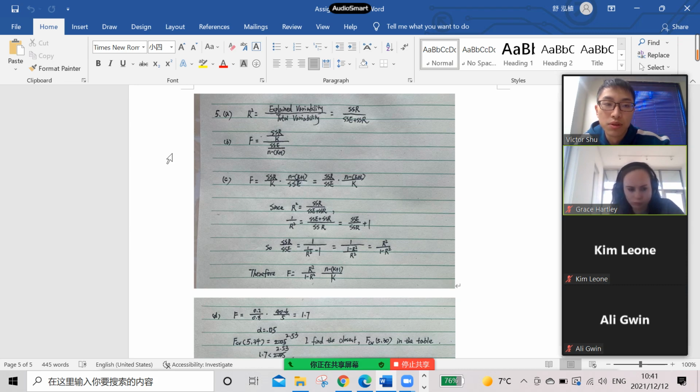You just remember that k is the degrees of freedom in the numerator, and n minus k plus 1 is the degrees of freedom in the denominator. And how to calculate that?